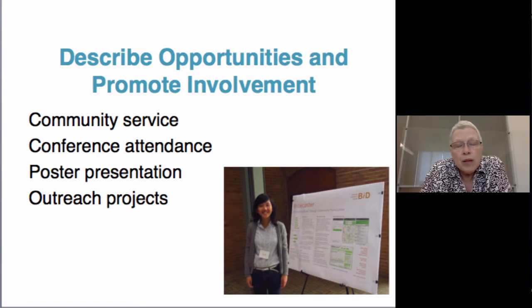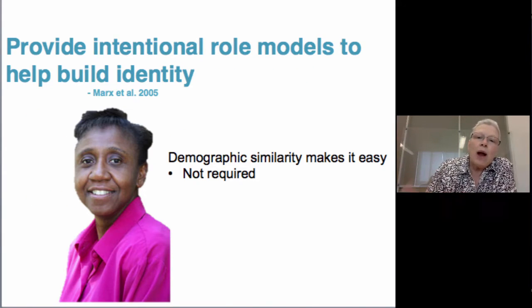Another way to help students create an identity as a computer scientist is to offer them role models. Role models are really easy when it's someone who obviously looks like me. That's demographically close to my age, same race as me, similar background maybe, talks the same way.